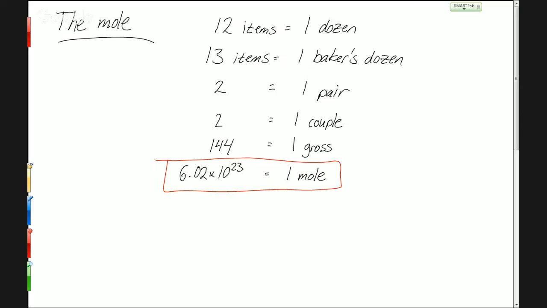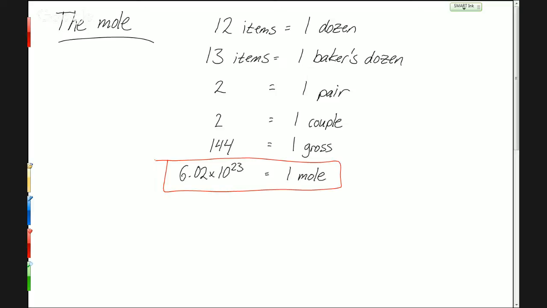Where that number comes from is that it is exactly the number of carbon atoms in 12.011 grams of carbon. If you weigh out 12.011 grams of carbon, which is the little red number, the mass number there, that's how many carbon atoms you have. Now 12 grams is a reasonable amount, like a small handful.